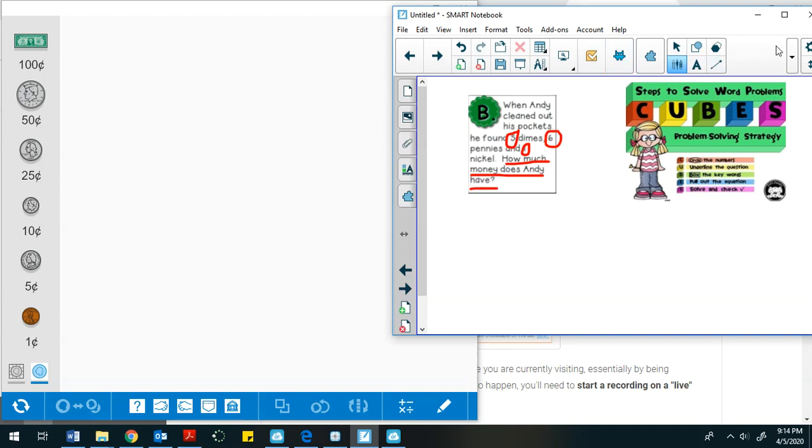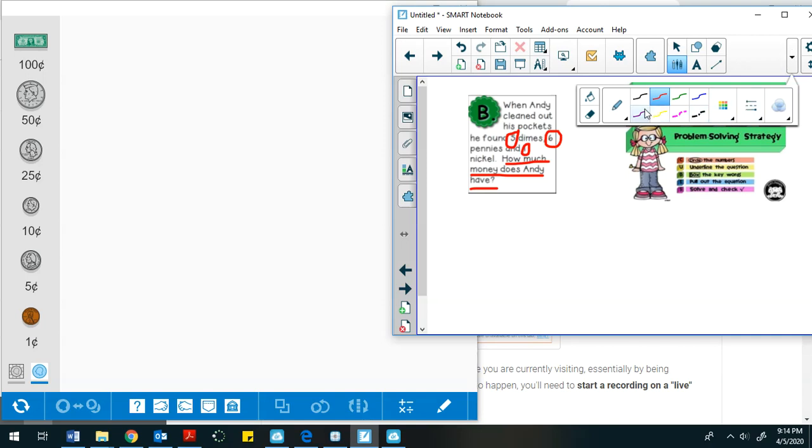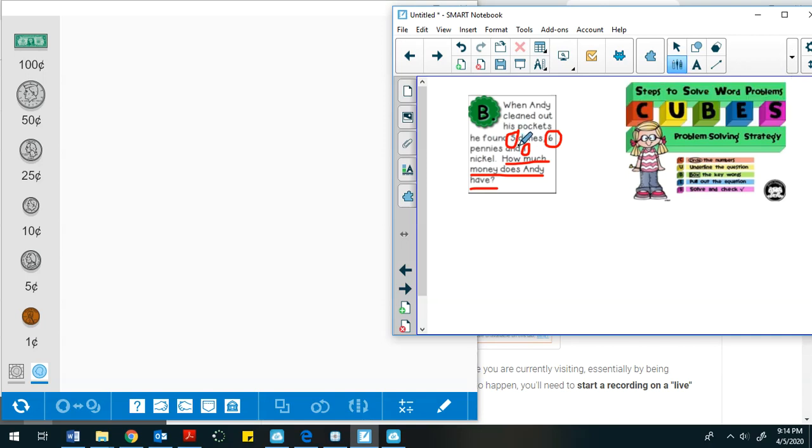Now I need to box clue words. My clue words here, I have dimes, I have pennies, and I have a nickel. And it's asking how much, which tells me I need to add to find the total amount of money.